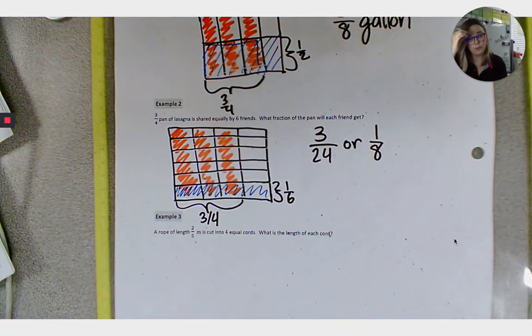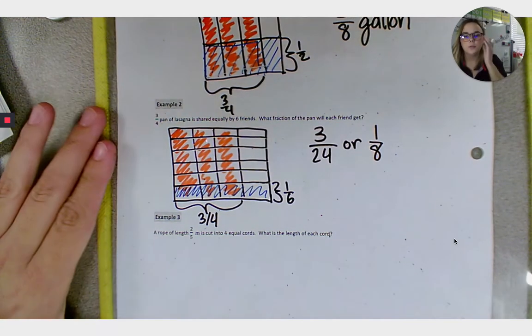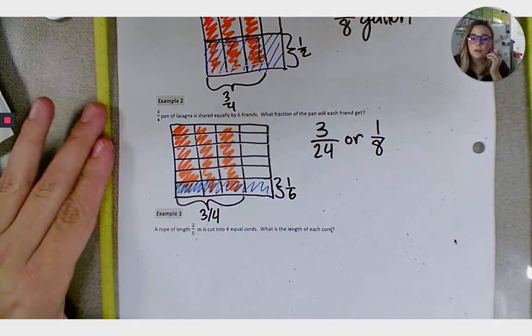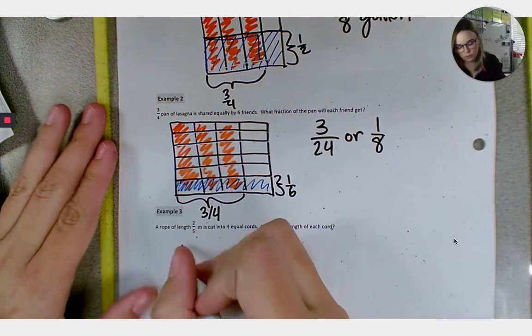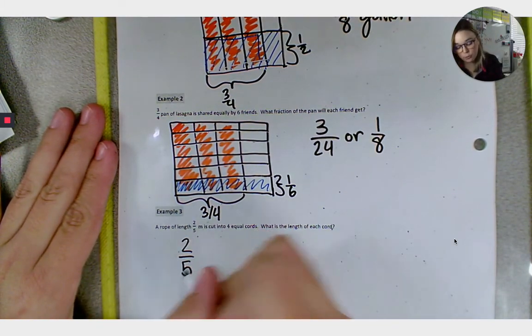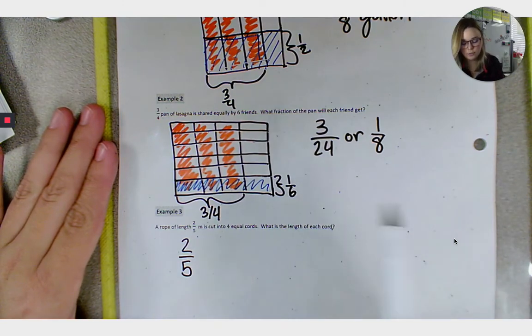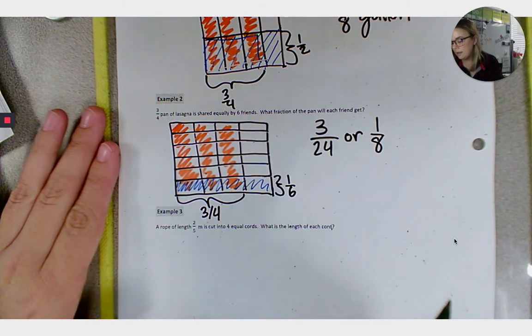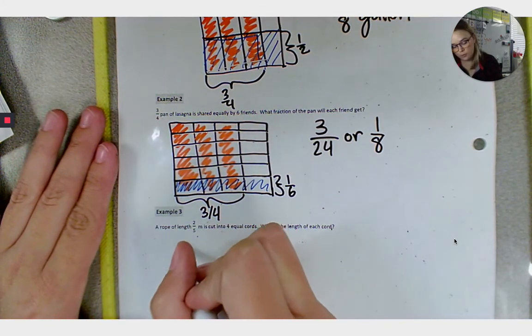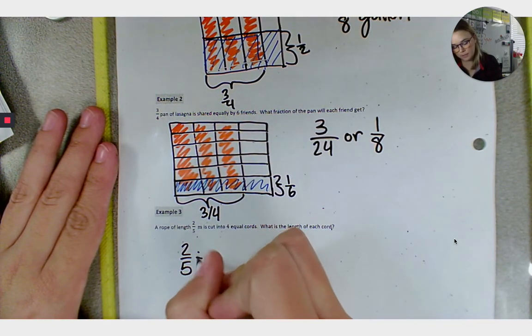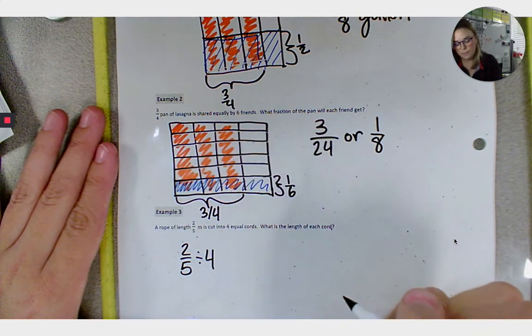So example 3, I want to show you another way that we can do this. It says a rope length of 2/5 meters is cut into 4 equal chords. So we're going to say that 2/5 is divided by 4.